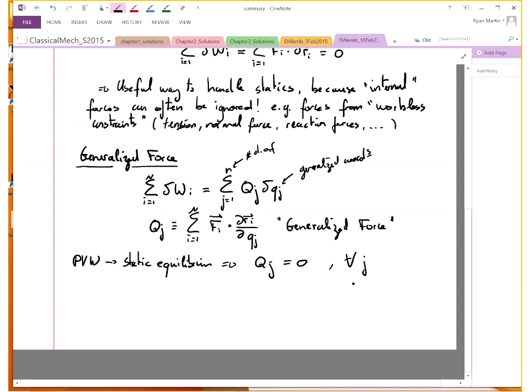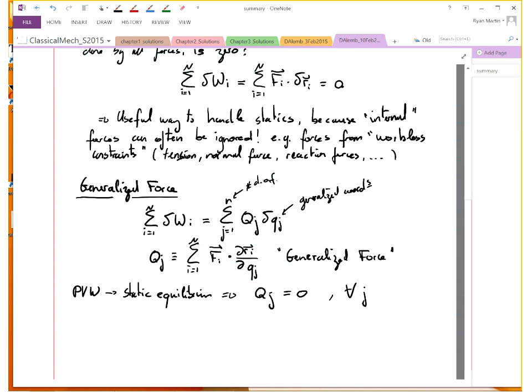So we have two ways to solve a statics problem. One is to explicitly calculate the virtual work and set it to 0, and the other is to calculate the components of the generalized force and set them equal to 0. Any questions about that?